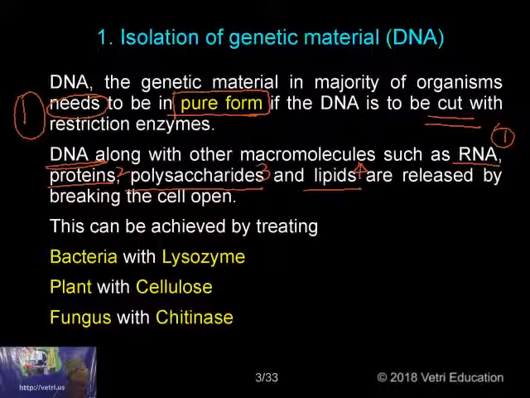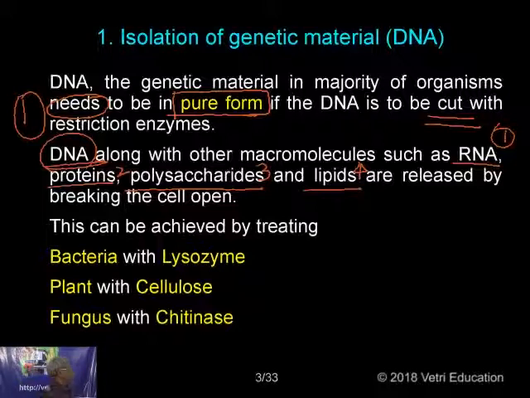These are all the other substances. You can call them impurities also. When compared to DNA in pure form, these are only impurities. So these 4 structures which are found mixed along with the DNA have to be got rid of.